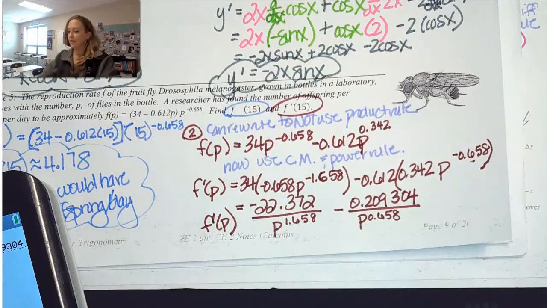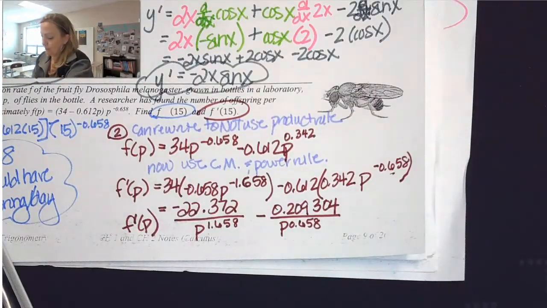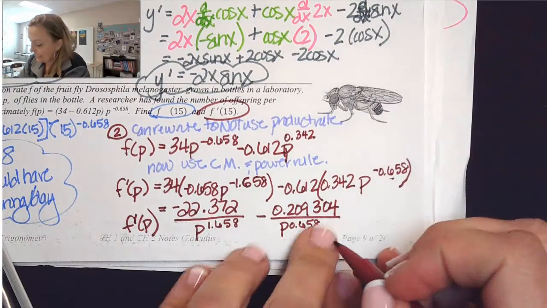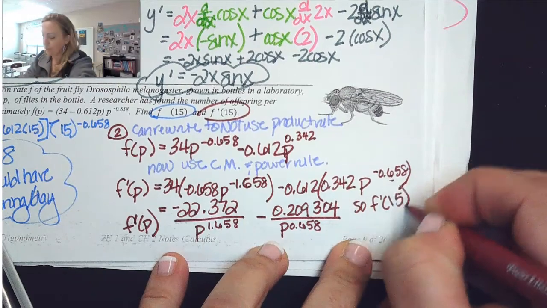Okay. So now what I would want to do to find f prime of 15 is put 15 into this expression, which I didn't leave any room to do.